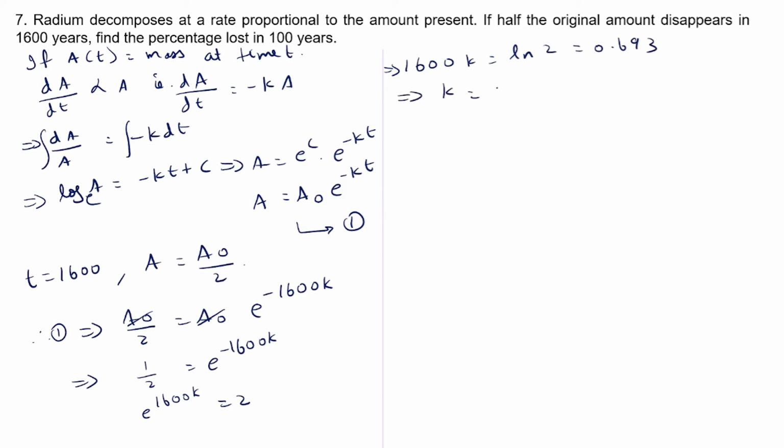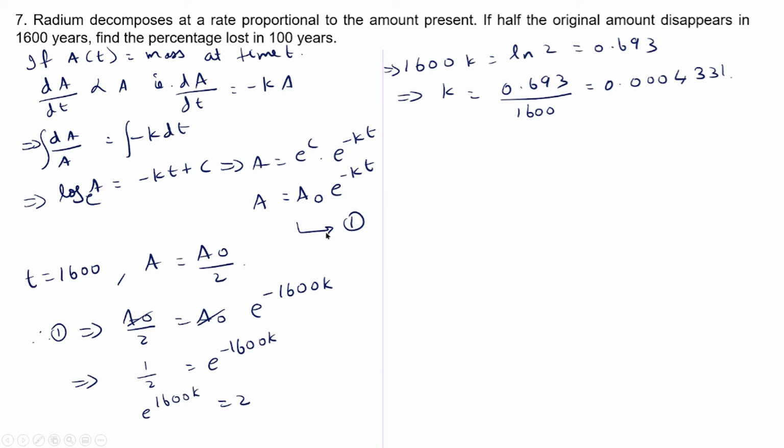So we have K equal to 0.693 upon 1600. Now 0.693 upon 1600 is equal to 0.000433. So we have found K.